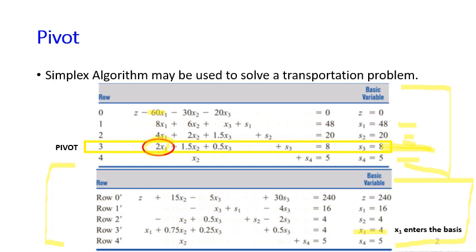So the simplex algorithm needs to keep the BFS still a BFS, but hopefully with a better or at least the same objective function value. So that's the role of pivoting. Now we're going to see how this may happen for a transportation problem.